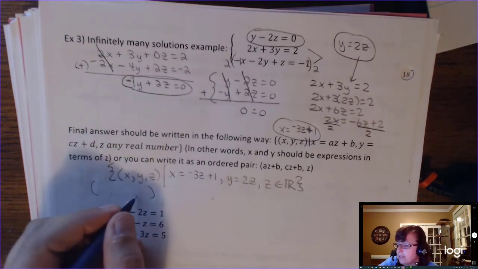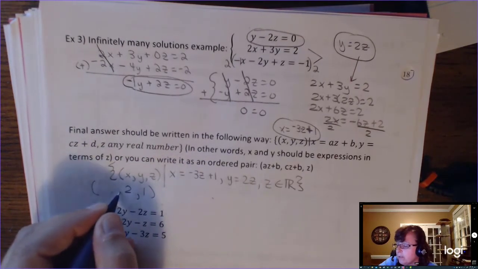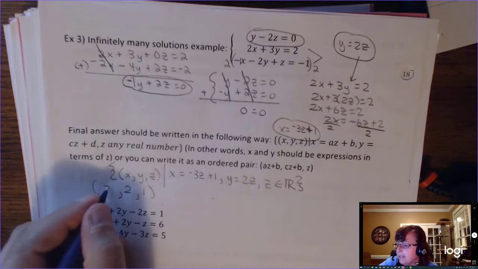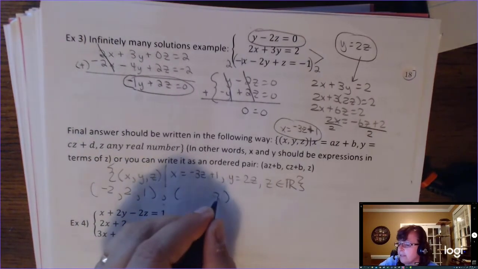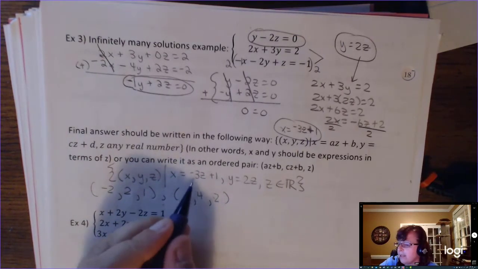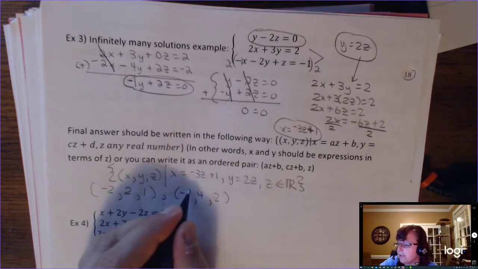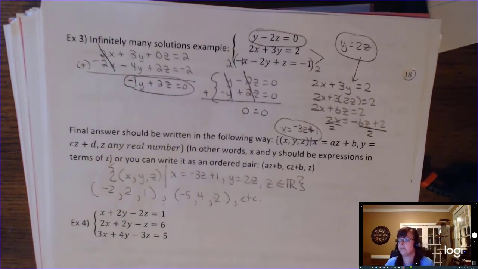I could let z be 1, then y would be 2, and x would be -2. I could let z be 2, then y would be 4, and -6 plus 1, x would be -5. And this would go on forever and ever. So it tells you more than just infinitely many solutions.